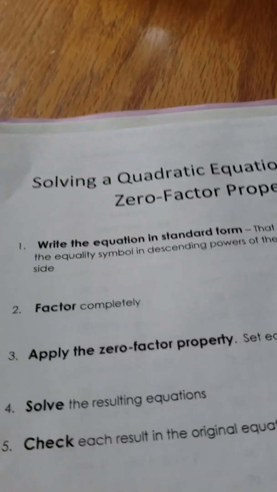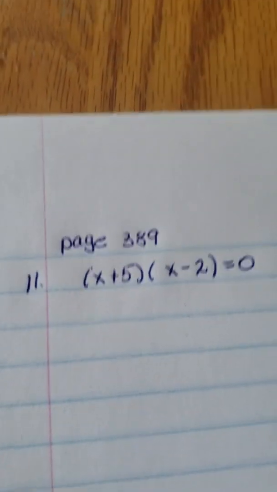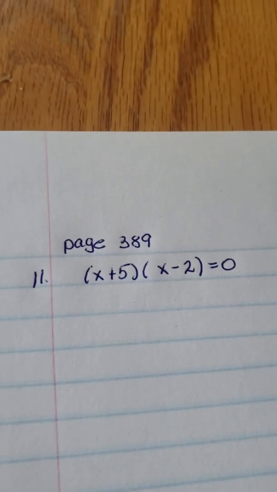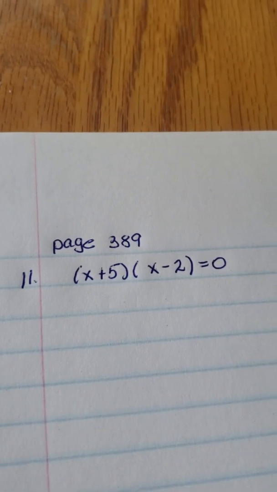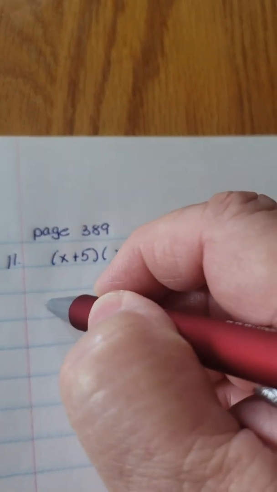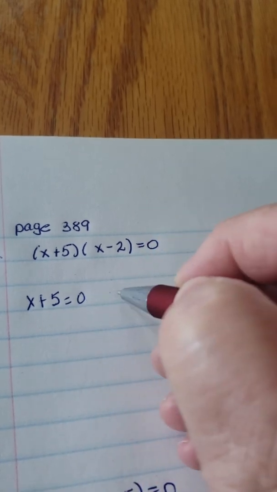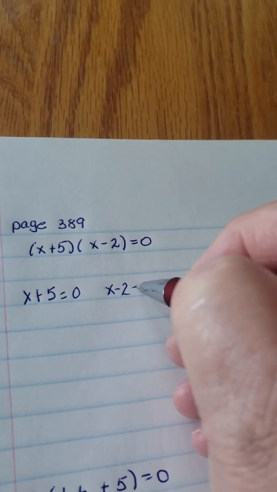So we're going to look at the first problem, which is on page 389, and it's problem number 11. We are fortunate enough in this problem that it's already been factored for us. So all I have to do is take each factor and set it equal to 0.